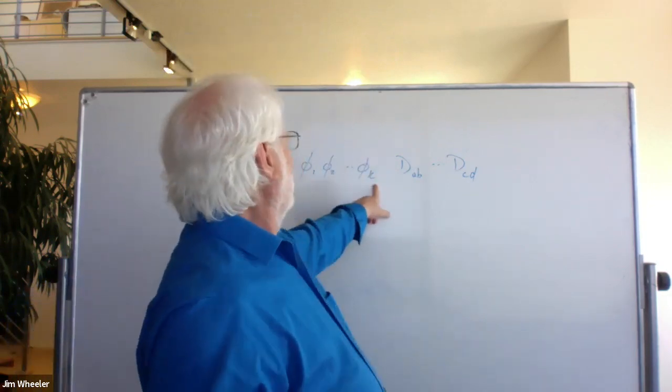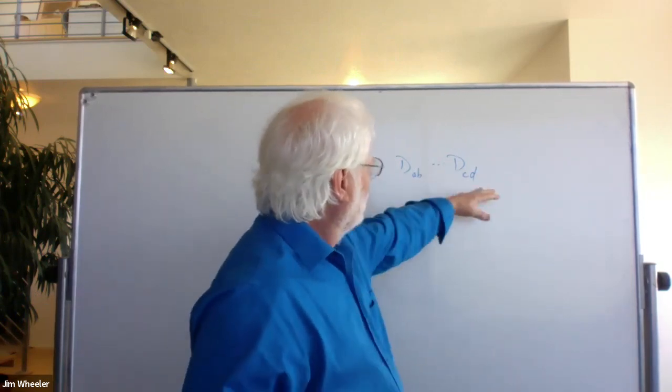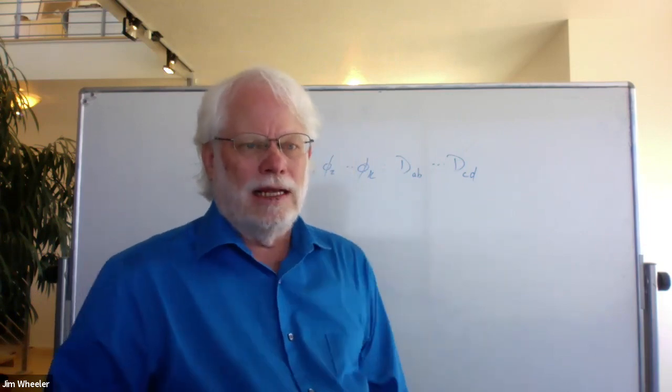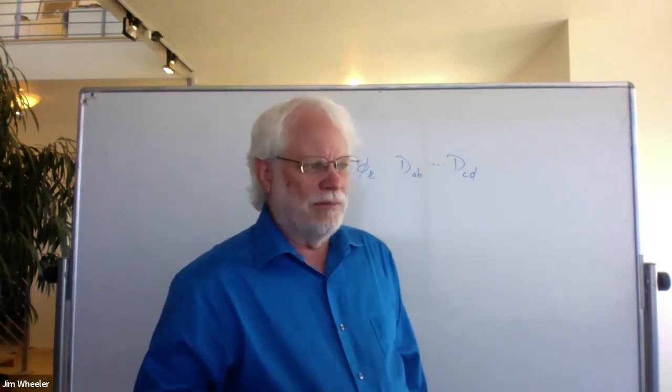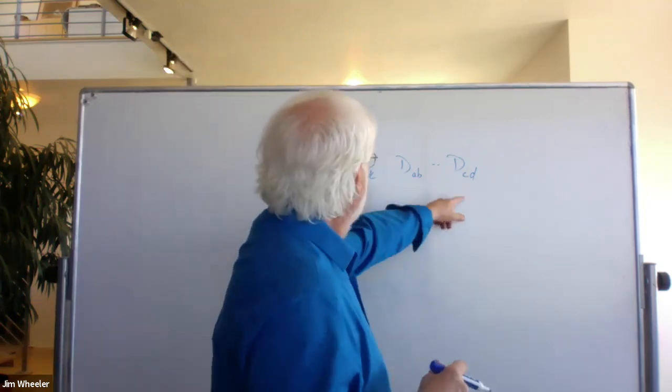So if these are 1 through k, then these will include k plus 1 up through n in some order. Now, the argument of Wick's theorem is that those occur in every possible ordering.